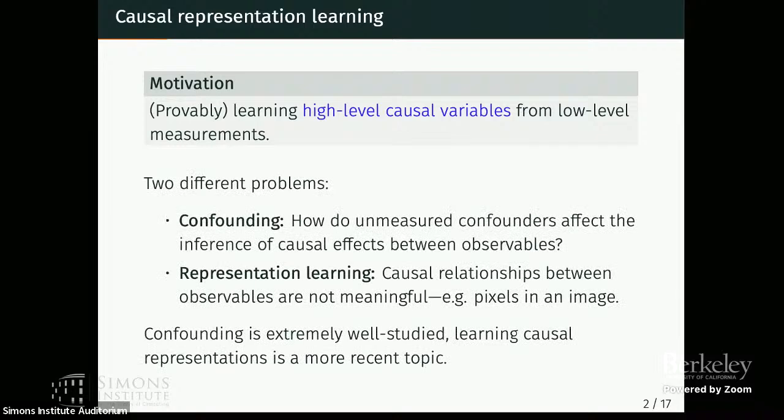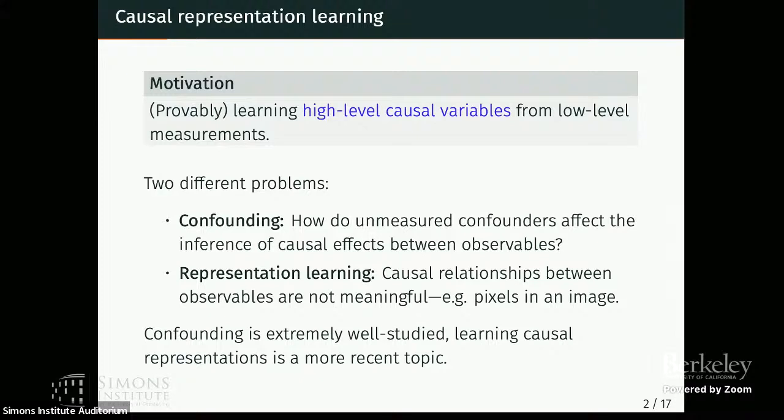Before I jump into the model, I want to distinguish between two important problems that we've talked about throughout this workshop. The classical problem with latent variables and causal models is confounding. In confounding, the question you're usually asking is how do unmeasured confounders affect the inference of causal effects between observables. Typically you're interested in what's going on between the observables, and the existence of unmeasured confounding complicates this story.